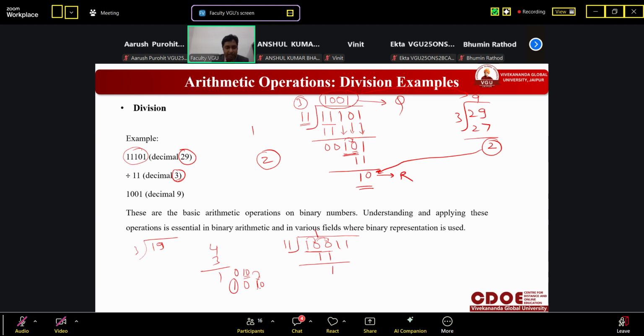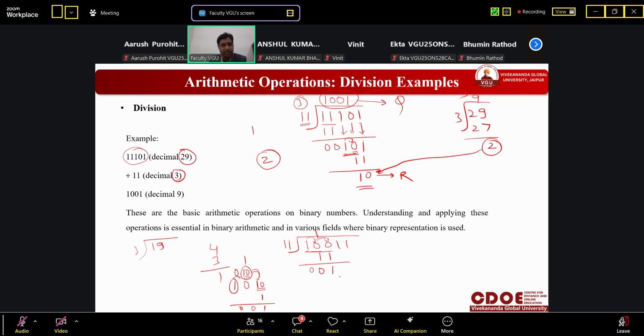So this has become 1 0 minus 1, which is 1. And after giving 1, this 1 0 will become 1. And 1 minus 1 is 0. And it has already given 1, so it is also 0. So this is 0 0 1.